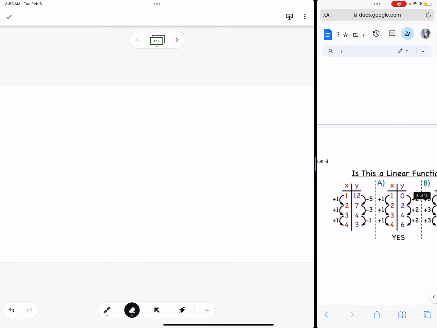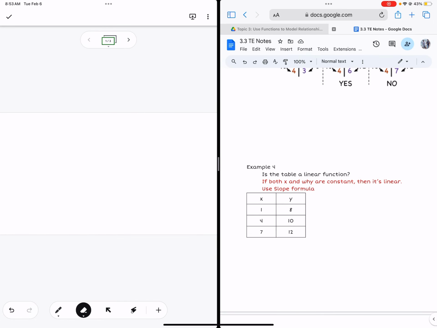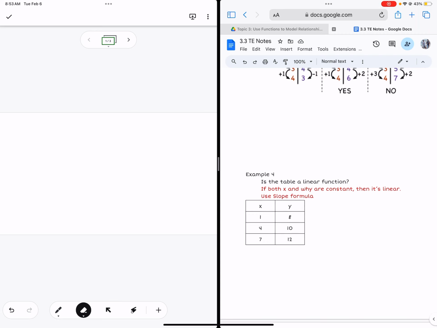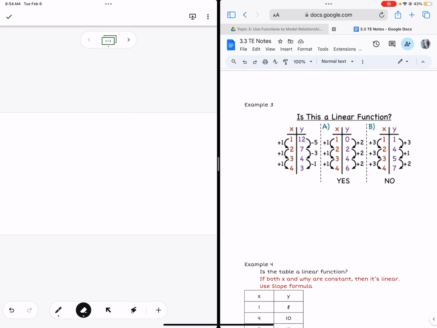Now, let's go to example 3. Here is the tricky part, okay? So now you know how to determine if a function is linear by looking at its equation, right? You just know it can't have an exponent, it can't be a square root, and it can't be in the denominator.